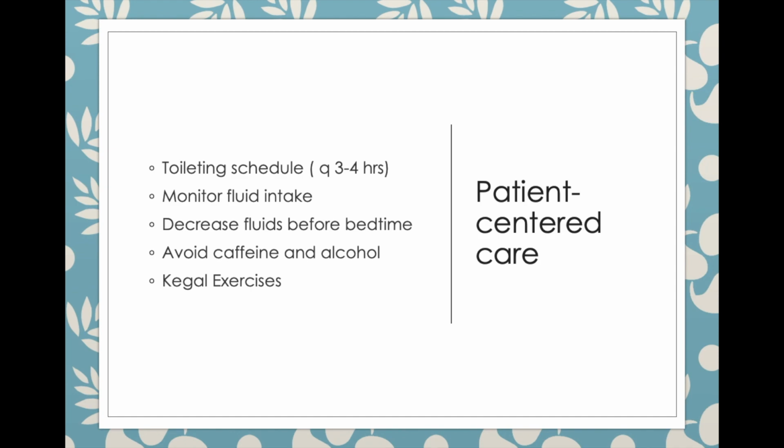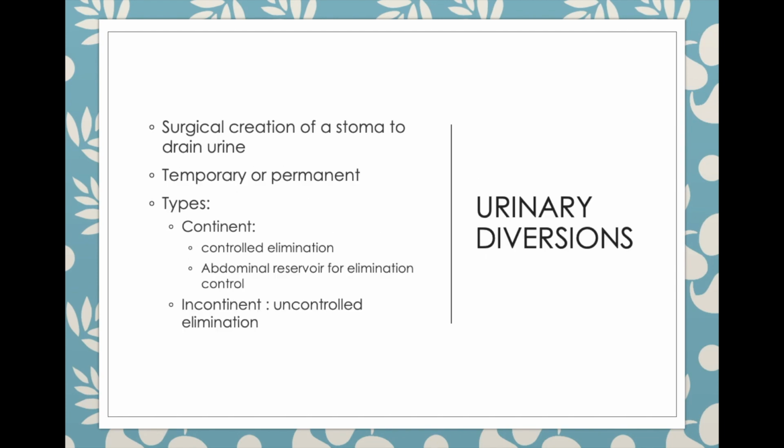That's why usually when a patient goes into surgery, they have a Foley catheter, because the analgesia and the general anesthesia and stuff is basically going to paralyze that bladder muscle.